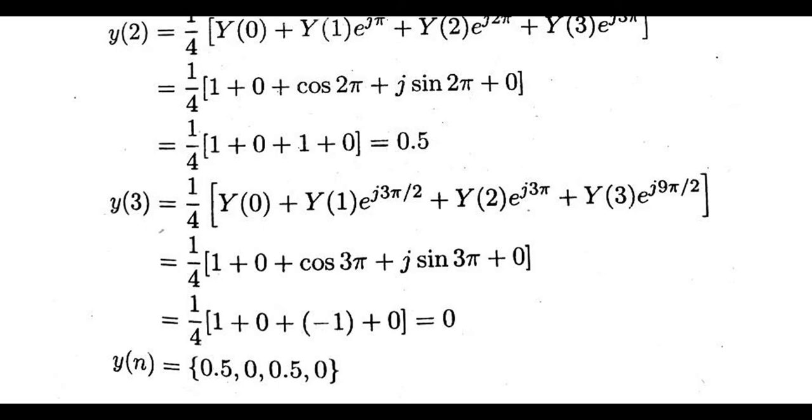Putting the values of y of 0, y of 1, y of 2 and y of 3 gives 1 by 4 into 1, y of 0 value is 1 plus y of 1 value is 0 plus y of 2 value is 1 and e raised to j 3 pi becomes cos 3 pi plus j sin 3 pi plus the value of y of 3 is 0.